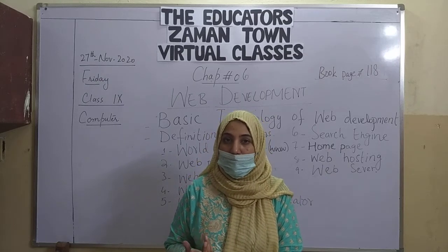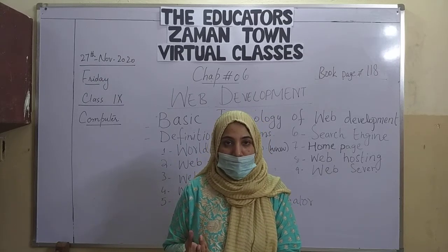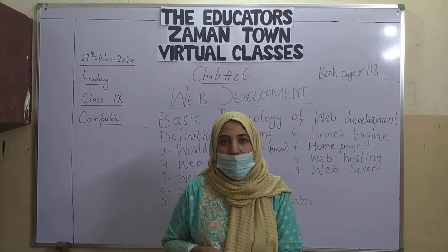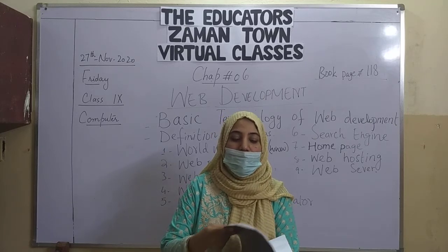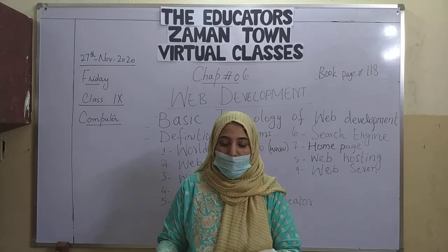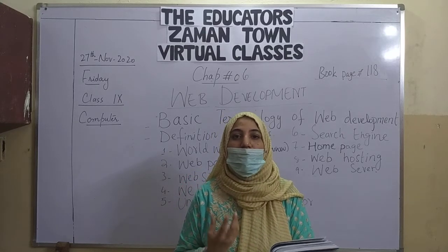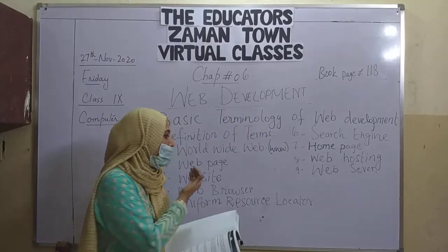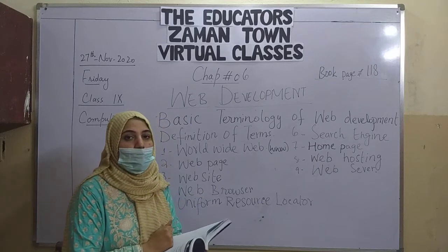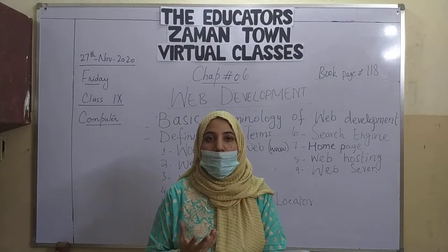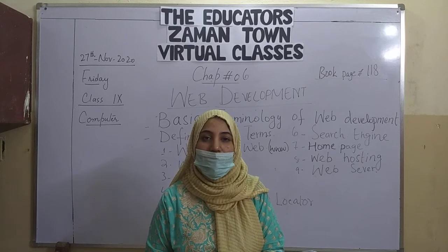So we have the website and we have a web page. This web page and this website need an application to run. So we have a web browser. The web browser is an application software which is used for web browsing. And what is meant by browsing?